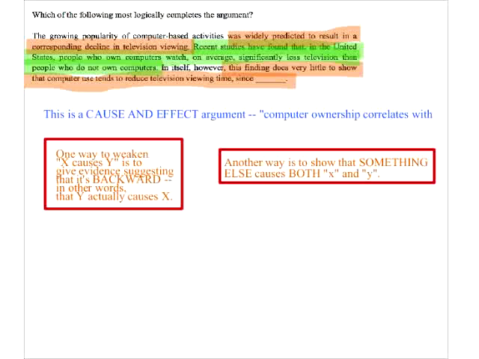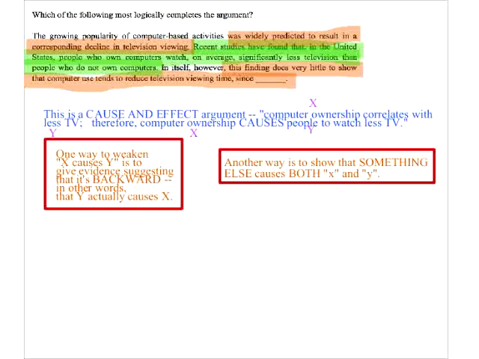Therefore, computer ownership causes people to watch less TV. That's what the argument is saying. So this is another case where they are trying to argue that X correlates with Y, and therefore X causes Y. There are two ways in which you can weaken this.